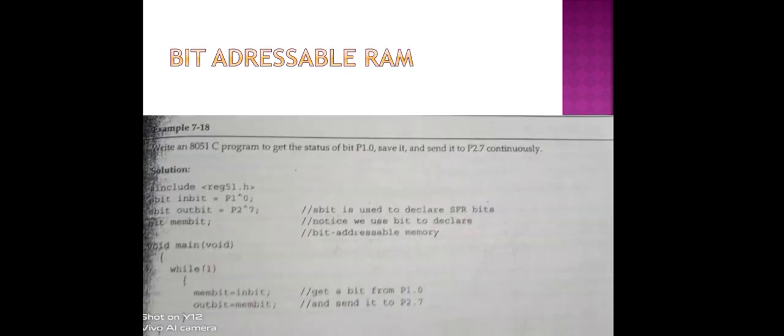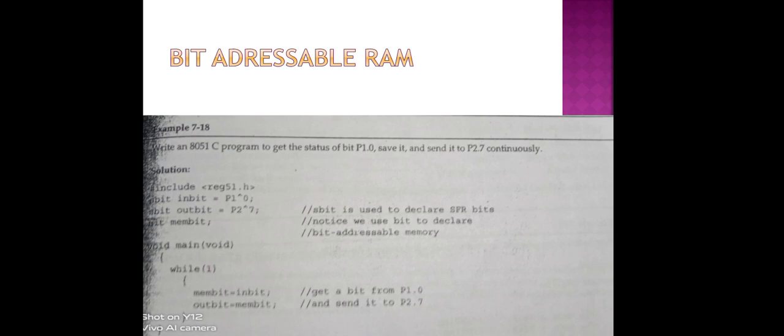Then next is the bit addressable RAM. Write an 8051 C program to get the status of P1.0, save it, and send the value to P2.7 continuously.